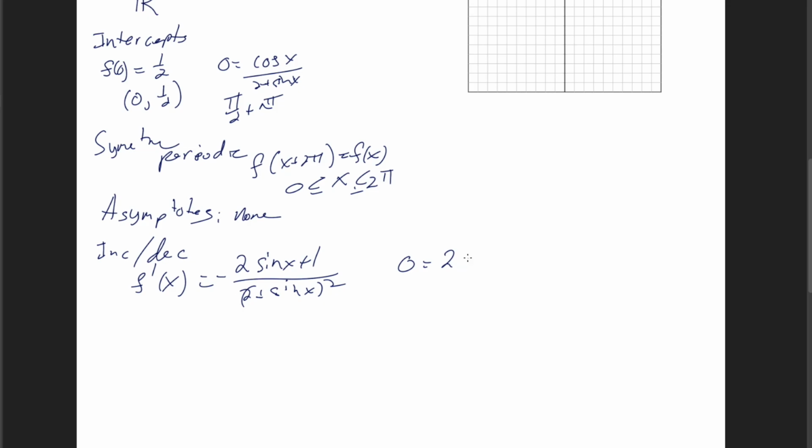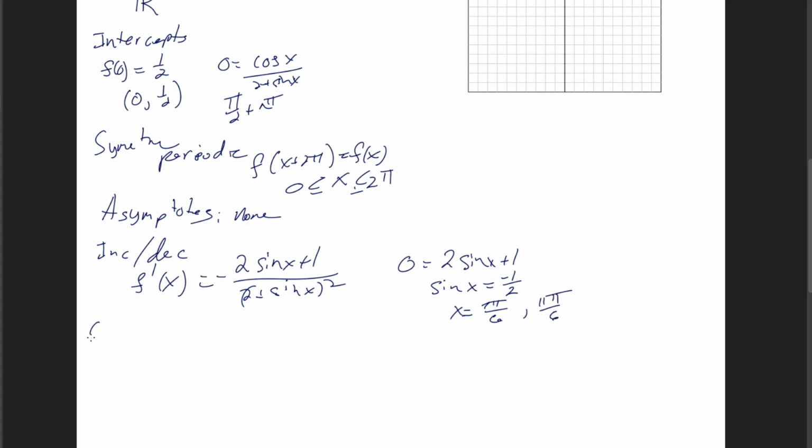So we just said this is 2 sine of x plus 1. That means where is sine of x equal to minus a half? Well, that's at 7 pi over 6 and 11 pi over 6. Since I'm only looking from 0 to 2 pi, that'd be 7 pi over 6 and 11 pi over 6.